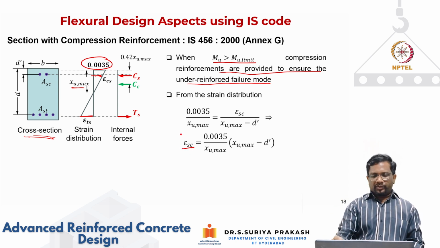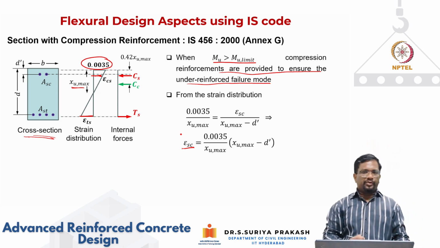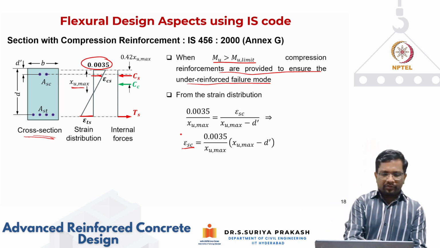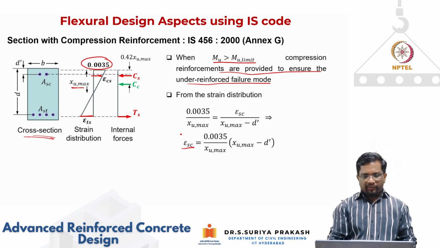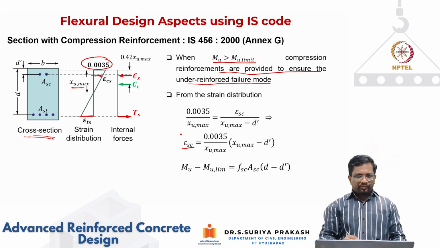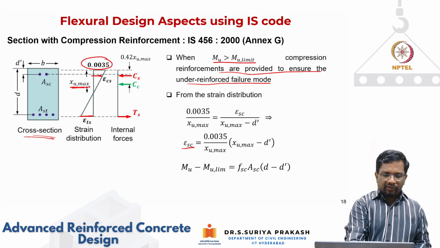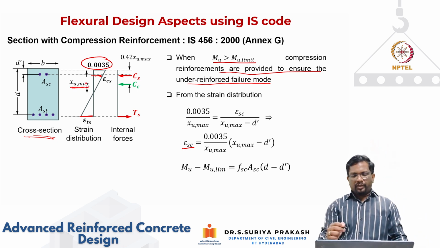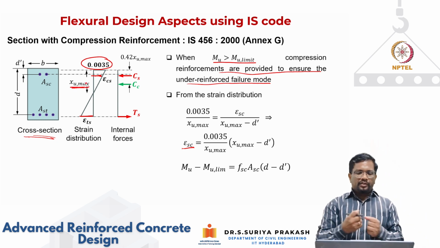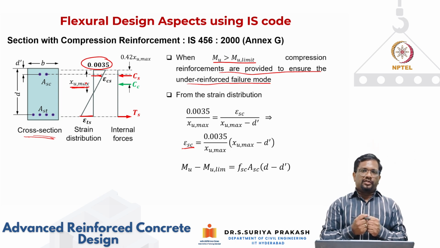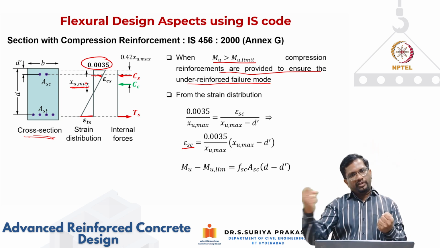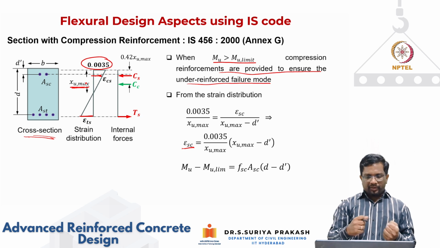From a similar triangle, you can calculate your epsilon sc. Now for a particular section, I am doing the calculation at xu max, so that we can see what additional moment resistance I need, and for that, how much compression steel is required.